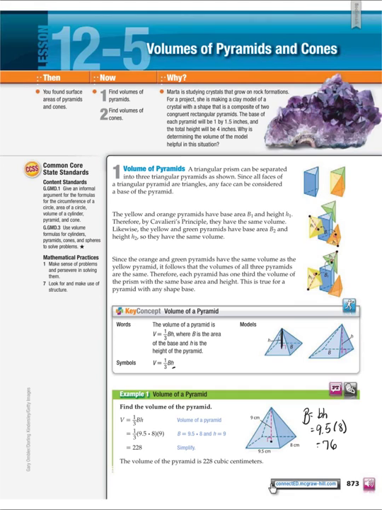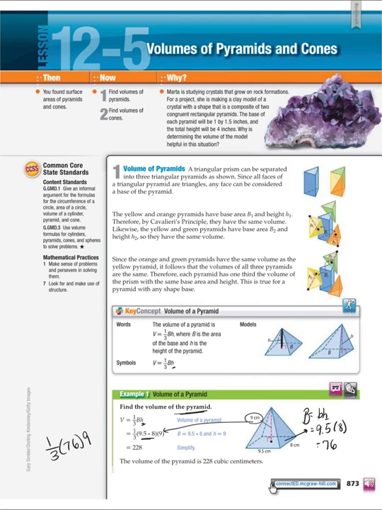Now, this height is not the same as this height, okay? This was for the base, the base times the height of just the base piece. This height means the height of the pyramid. So this height refers to this 9. Once I multiply and get my uppercase B, my 76, I'm going to have 1/3 times the 76 times the height of the pyramid, which is really going to be just 76 times 3, isn't it?